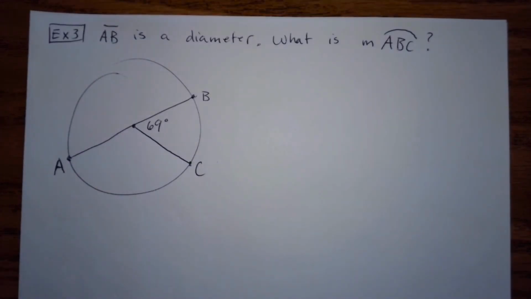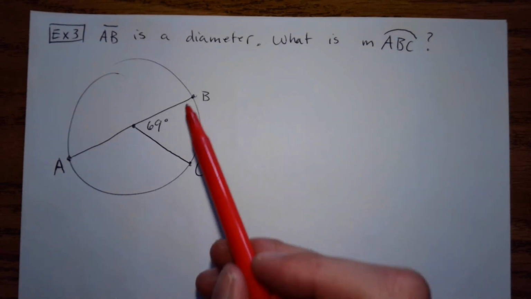Yeah, this one's an easy one, actually. AB is a diameter. What is the measure of arc ABC? Brody? 249. Yes. So, look.